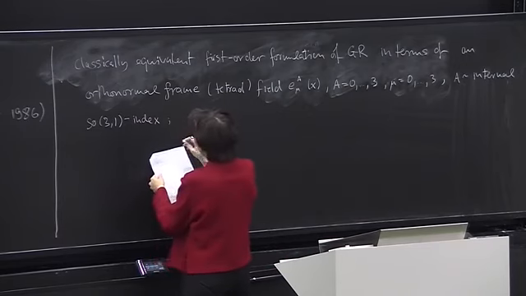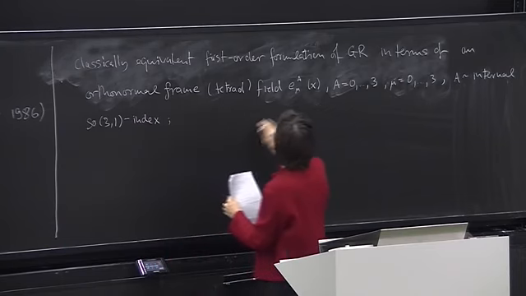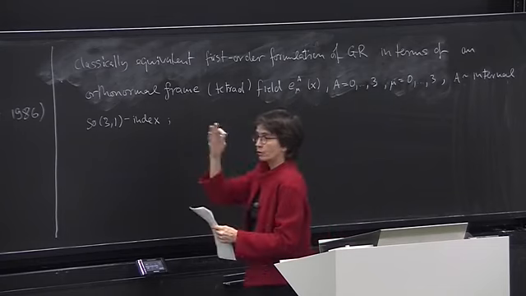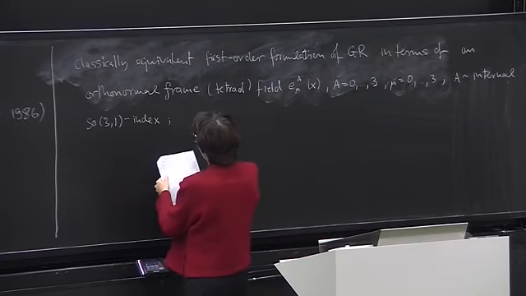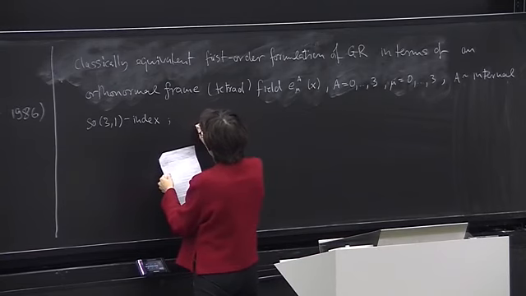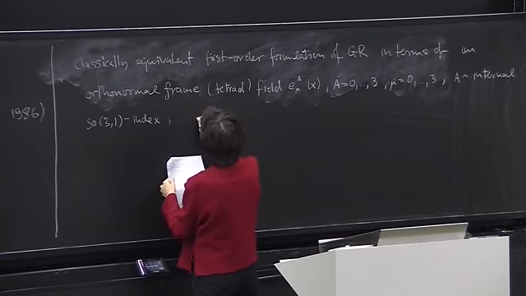How is this field related to the g mu nu, whose interpretation we are familiar with? It is, as one says, the square root of the metric.